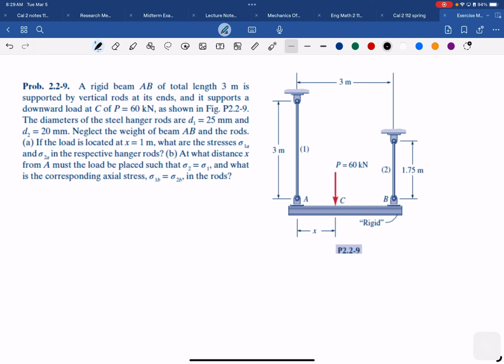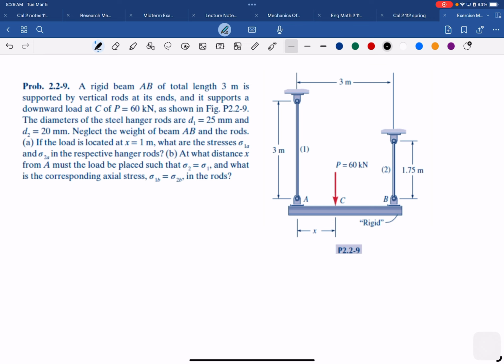The question is a little bit not straightforward, but it's like analysis questions. So first the question is asking if the load is located at x equal 1 meter, what are the stresses sigma 1A and sigma 2A in the respective hanger rods, which means this x here.